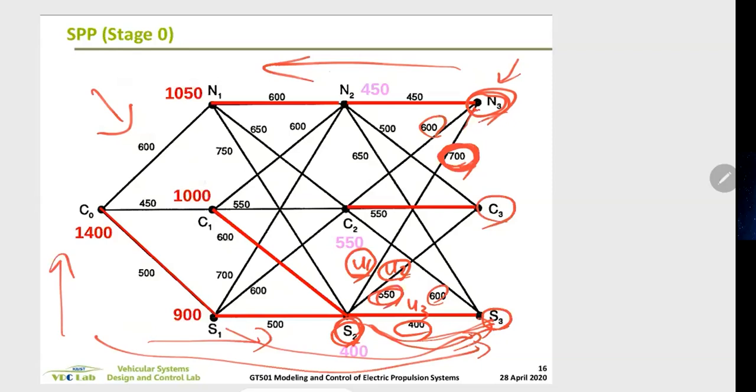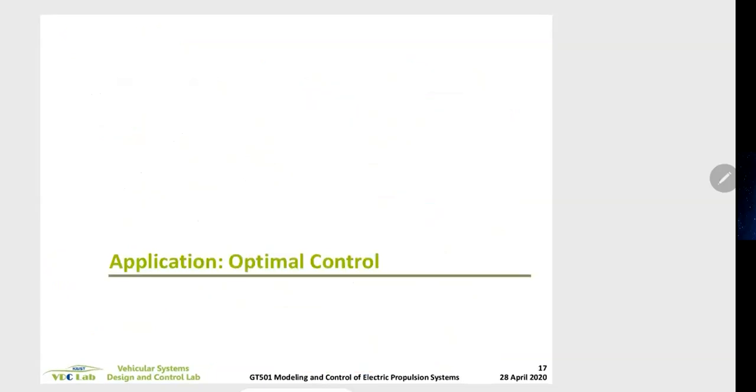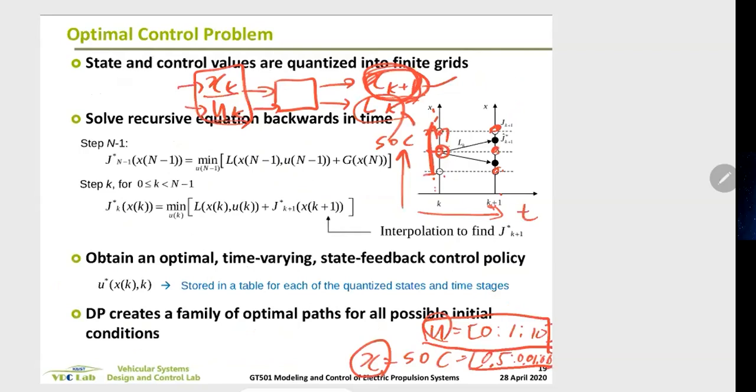DP 문제가 되려면 그 다음 스텝에서 떨어지는 스테이트가 이 스테이트들 중에 하나여야 된다는 거죠. 그 그리드에 떨어져야 된다는 거죠. 근데 U와 X의 컨비네이션을 만들어서 쭉 입력을 넣어주면 그 다음 스텝의 xk 플러스 1 SOC는 여기저기 막 흩어져서 떨어지겠죠. 그러면 x 그리드에 딱 맞게 떨어지지가 않는다는 얘기예요.